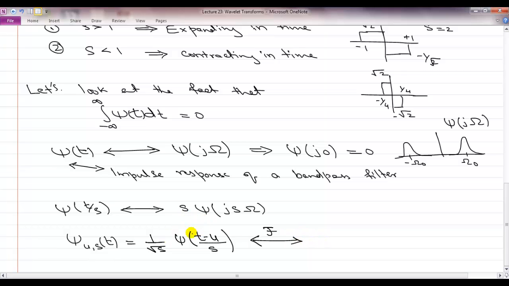Well, s times 1 over square root of s, that's square root of s. What is this u going to do? That is going to just introduce a phase shift. So I get e to the minus j u omega, and because of the scale, I get psi of j s omega.